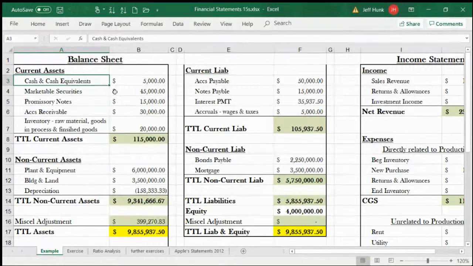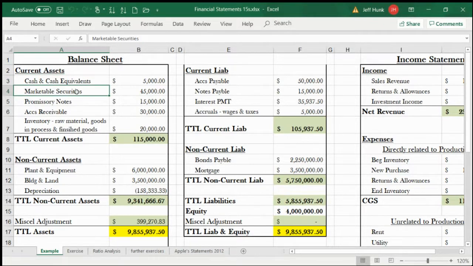So they will keep cash holding to only the necessary minimum, right?